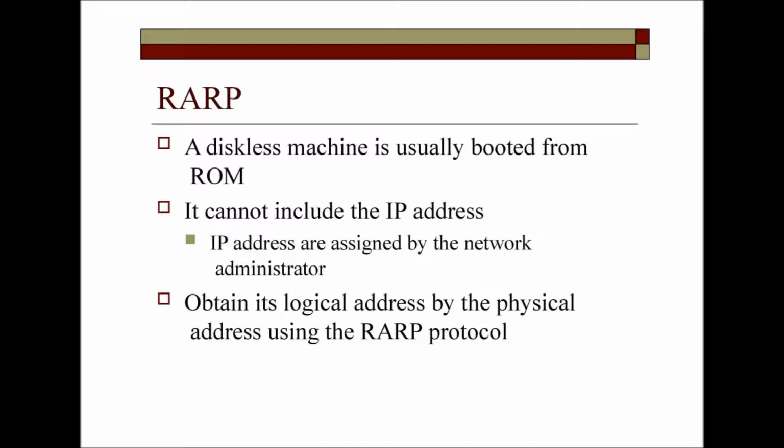Because the physical address is available, our LAN card is fixed in our system, so the physical address is available. If the IP address is not obtained, the physical address is helpful to find the IP address with the help of the reverse ARP protocol.